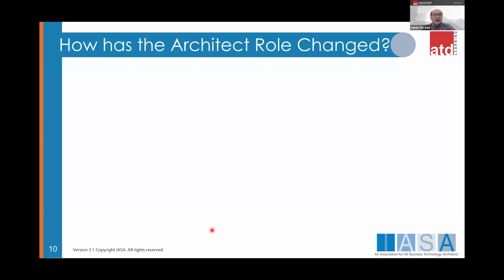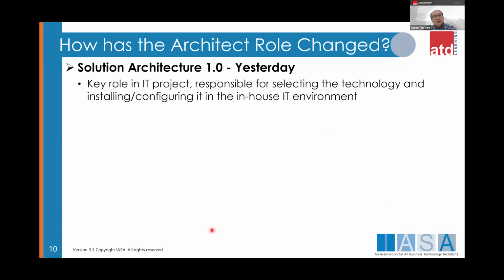Okay, so how has the architect role changed? Solution architecture yesterday: most architects were involved in IT projects, right? When the IT project or system had a problem, they called the solution architect. So it was more of a reactive role and pretty much IT focused.